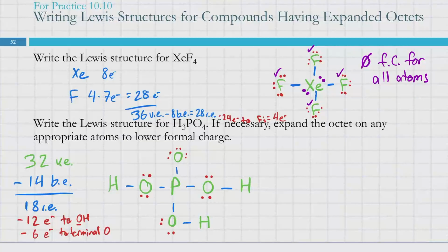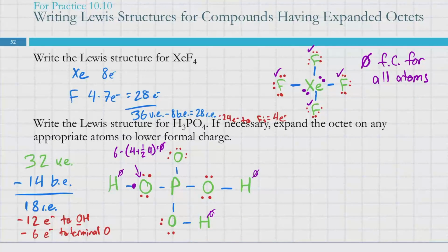If we look at formal charges, hydrogen wants to have just one bond. It's going to have zeros for their formal charges. Oxygens, the non-terminal oxygens, have 4 from lone pairs, plus another 2 from the 2 bonds. So 6 minus 4 plus 1/2 of 4 equals 0.